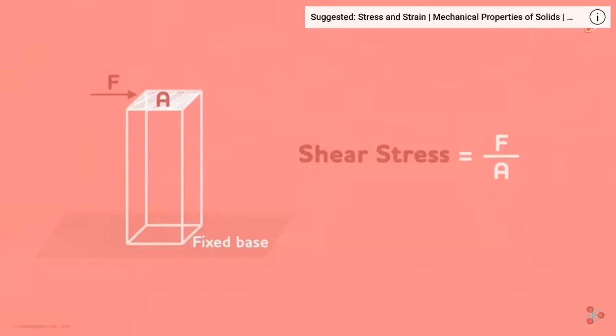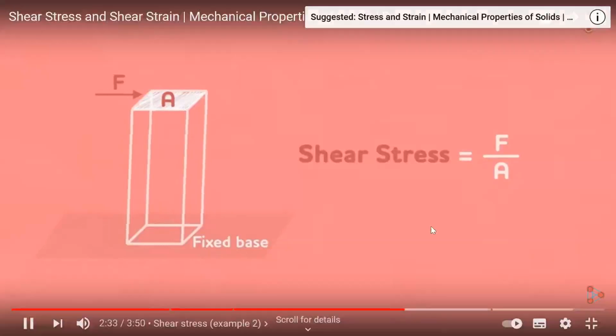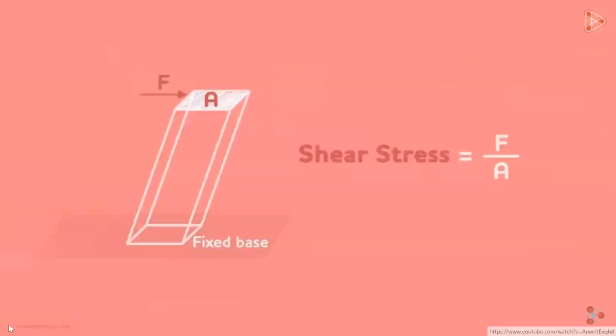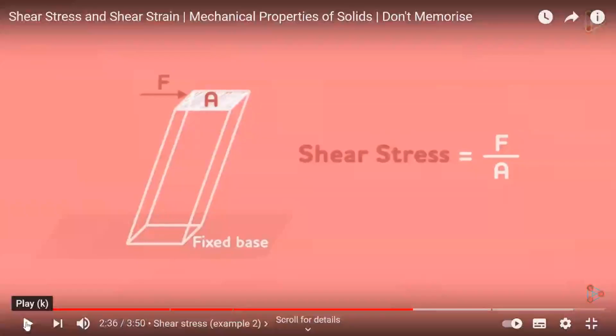This will result in a normal strain in the beam, which is given by delta L over L, where delta L is the change in length and L is the original length. Now suppose that we apply a force in this direction, parallel to area A. Again, the beam will experience some stress, but this time it will be a shear stress. The formula for shear stress is the same as that of normal stress. Stress is simply the applied force per unit area, whether it's acting perpendicular or parallel to the area.